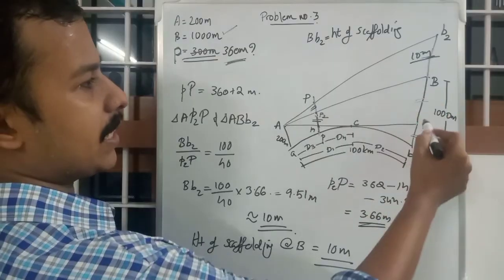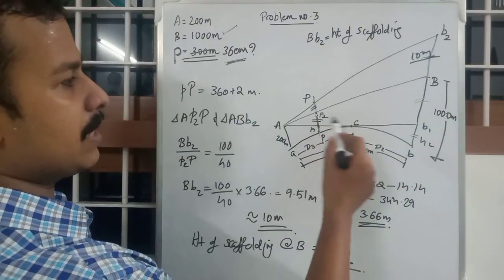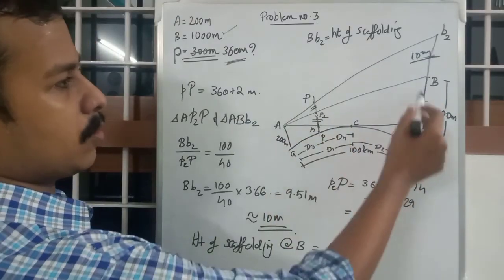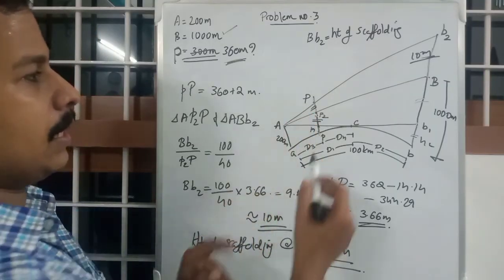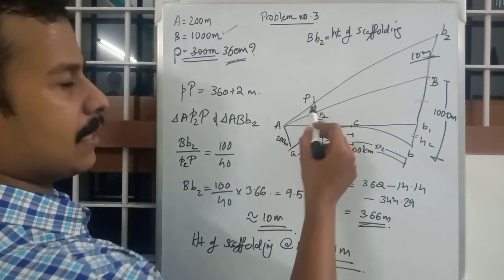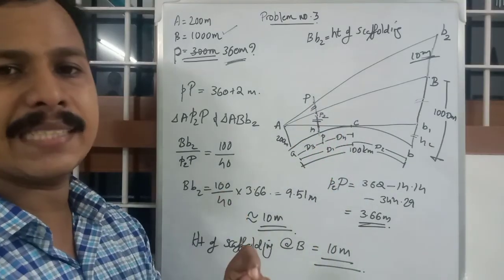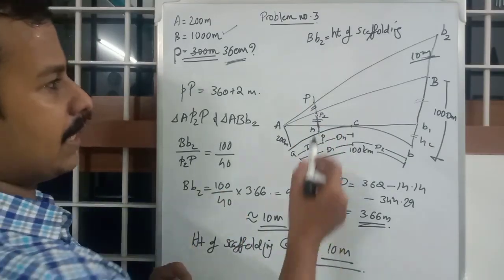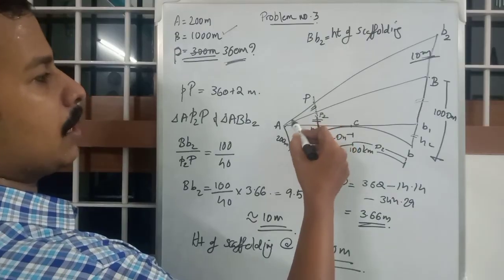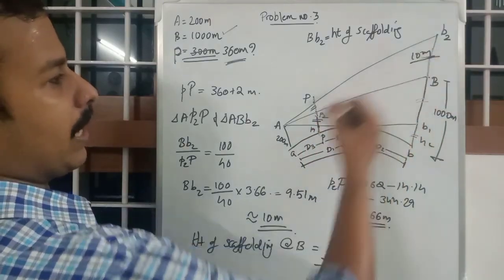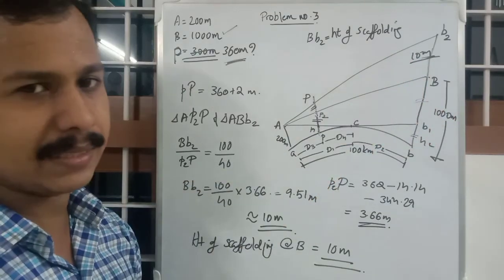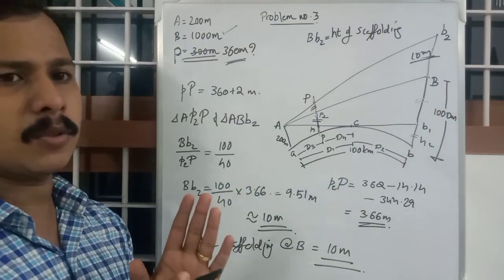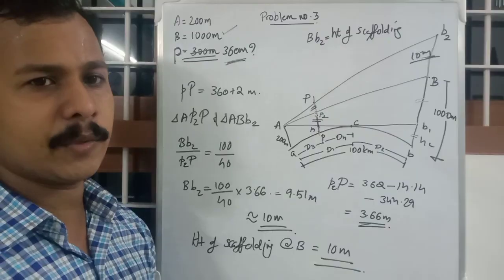Then we considered a triangle, and using two similar triangles, we calculated P1P2. Then using that we found the answer for the first part of the question, and with the second part, with these two similar triangles, we calculated the height of scaffolding. That's it. Very simple question. You just need to understand clearly. Okay, thank you.